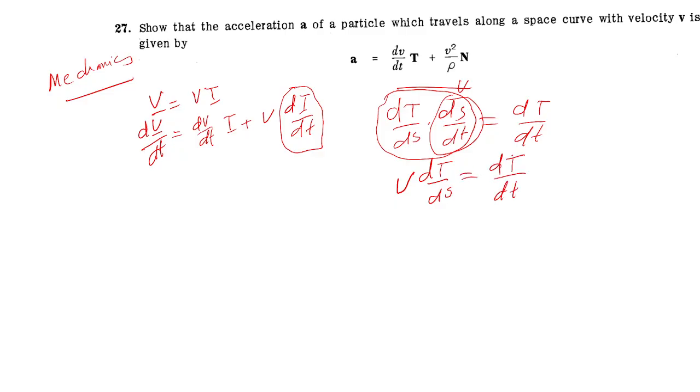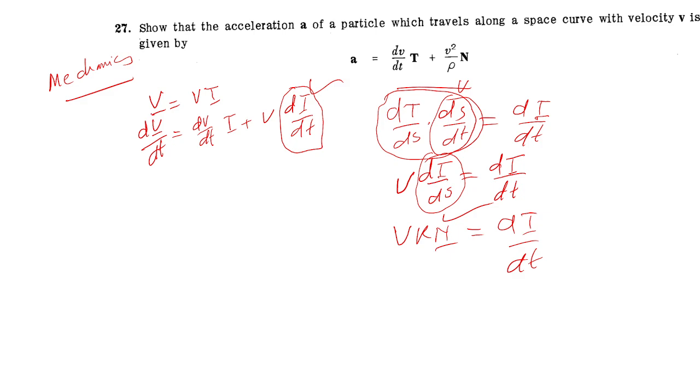That is dT/dt, the derivative of the unit tangent with respect to time. From previous knowledge, we also know that dT/ds is kappa n, so this is v kappa n, where n is the unit normal of the curve. We have to replace this value, and you see this is the acceleration.